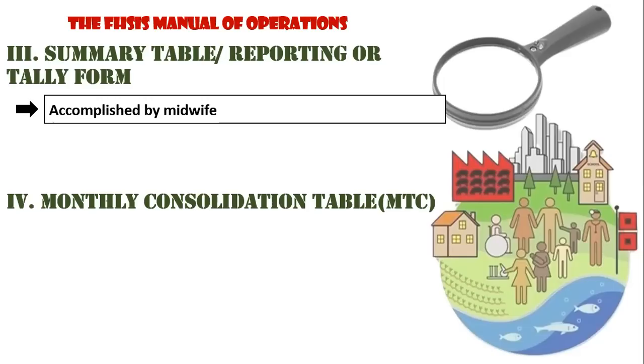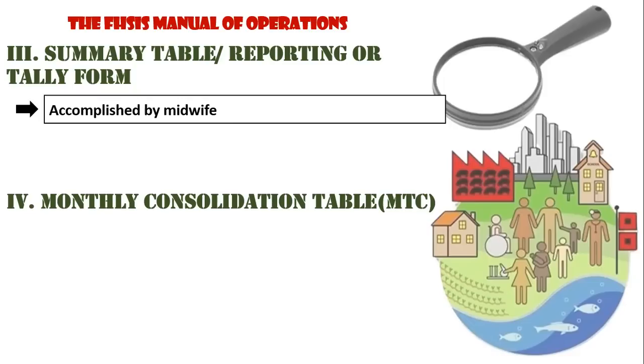Bali, ang laman ng ating monthly consolidation form, record naman ito ng lahat ng barangay. For example, here in Tuguegarao, we have, I think, 49 barangays, basta around 40 plus. So, ibig sabihin, itong monthly consolidation table, di ba, quarterly kasi ang kanyang report.